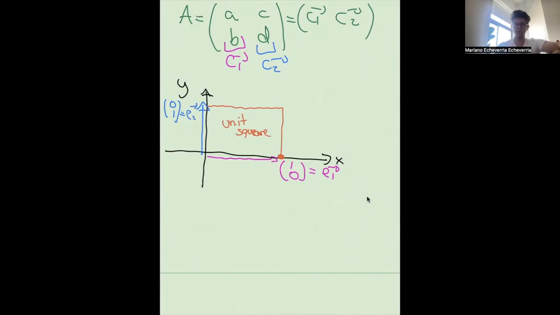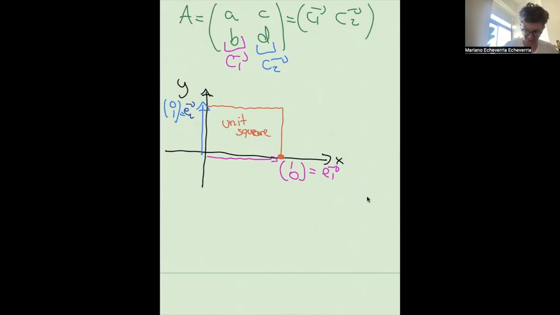E1 has a 1 in the first entry, and E2 has a 1 in the second entry. That's the notation. You can think of the unit square as the square that you get by making a parallelogram from the vectors E1 and E2.